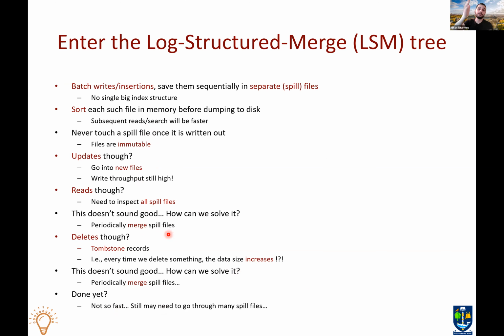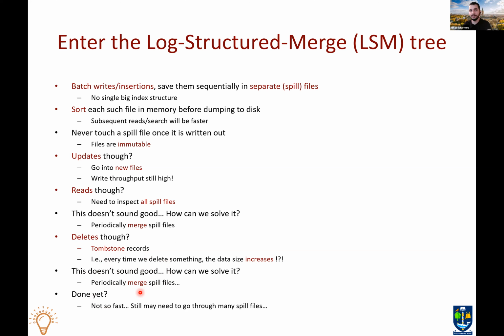I won't need to reconstruct that record as I go, with different versions of different attributes and so on. And I can do deletes very quickly again, and with merging, the size will go down. It won't just increase. But reads are still not good here, right? They're still not really good.